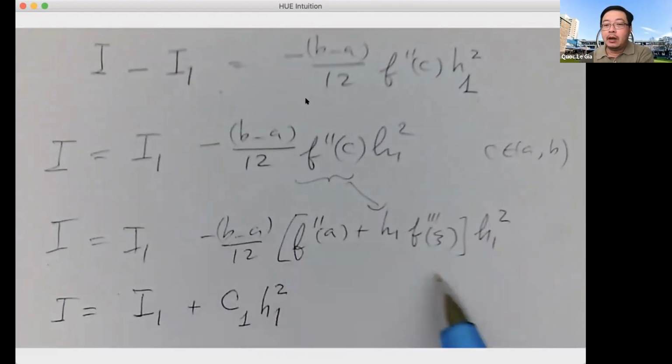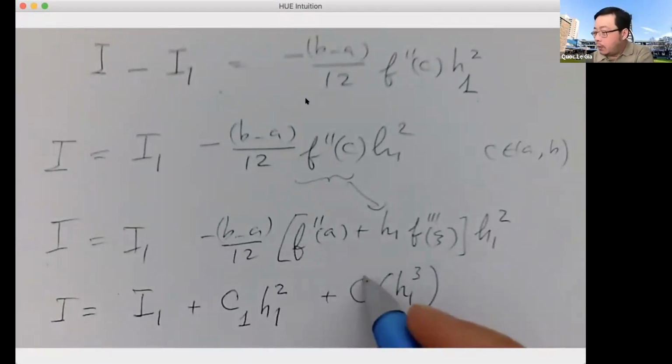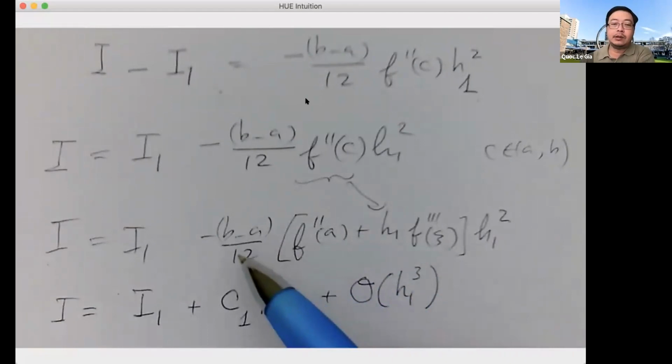The next term will be of order O(h1 cube); the big O notation just means a constant multiplied by h1 cube, and the constant comes from this.